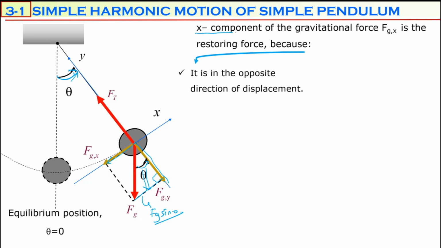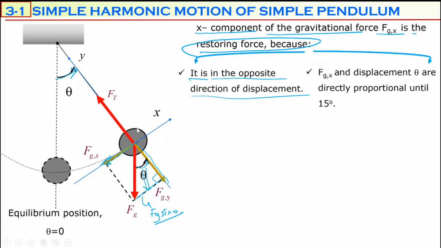So the x component of the gravitational force is the restoring force because it is always in the opposite direction of the displacement. As you see, displacement is in this direction, but Fgx is in the opposite direction. Second, Fgx and displacement theta are directly proportional until 15 degrees, because after 15 degrees, this proportionality disappears.